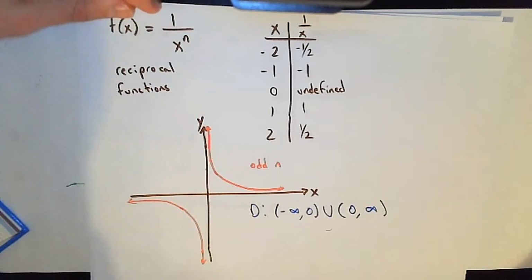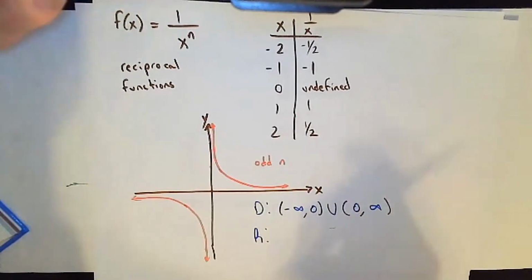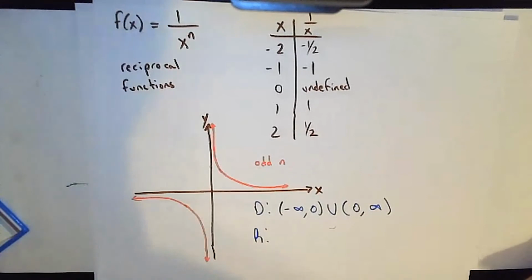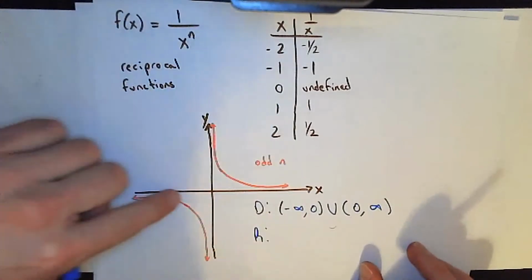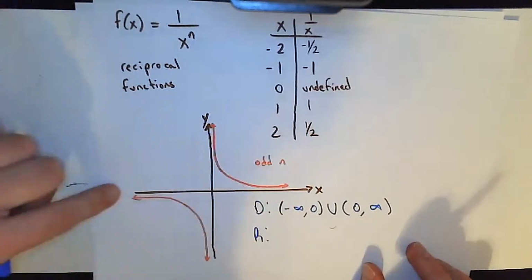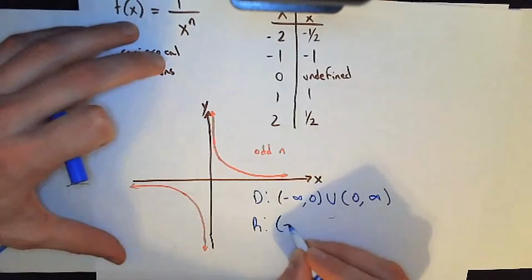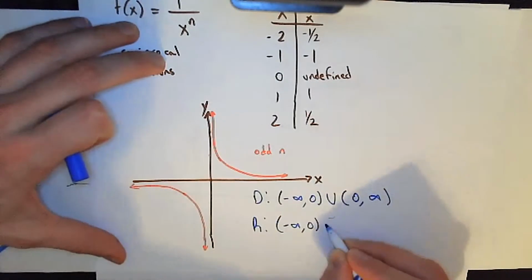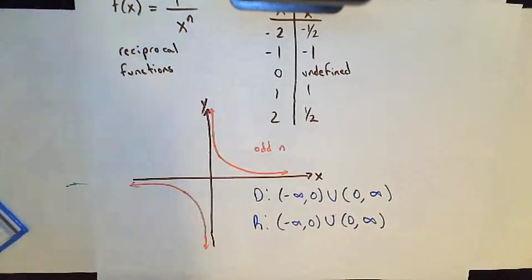So we talked about that. We didn't talk about range, but it's actually going to be the exact same, because what's the one y value that this function can never hit? It's y equals 0 along the x-axis. It's never going to hit that number either. So the set of allowable outputs is also going to exclude 0, every number except for 0.